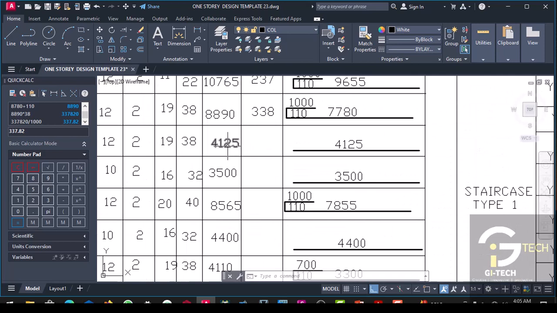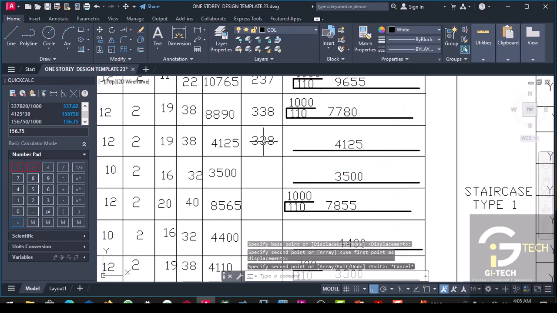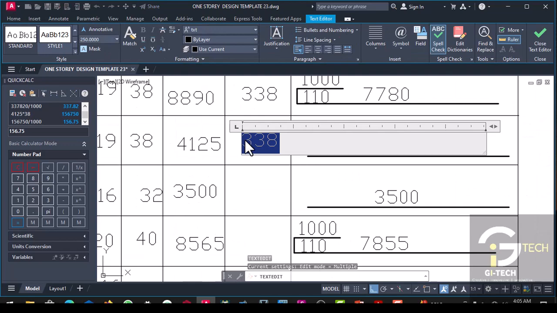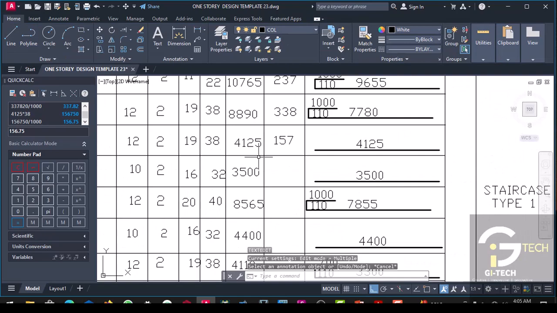So you multiply 4125 by 38, then you divide this by 1000 to convert it to meter. This will give you 156.75. So we can take 157. Okay, so we are done with that.